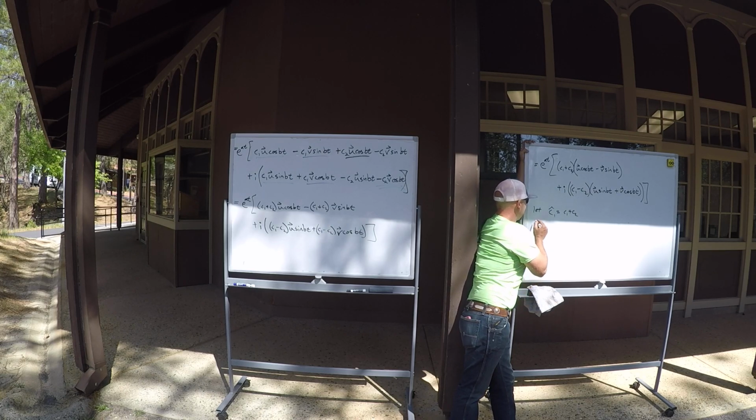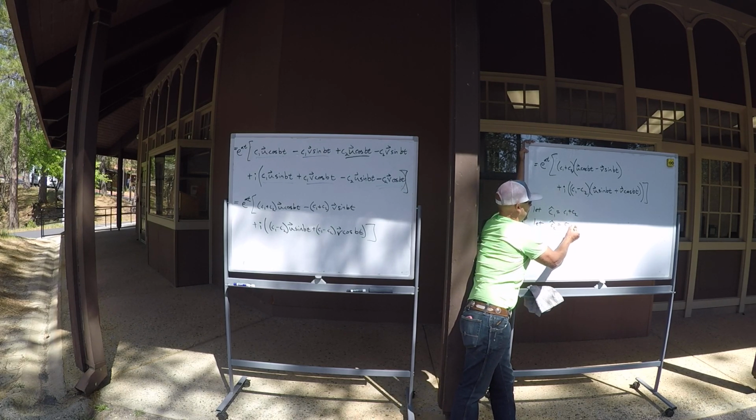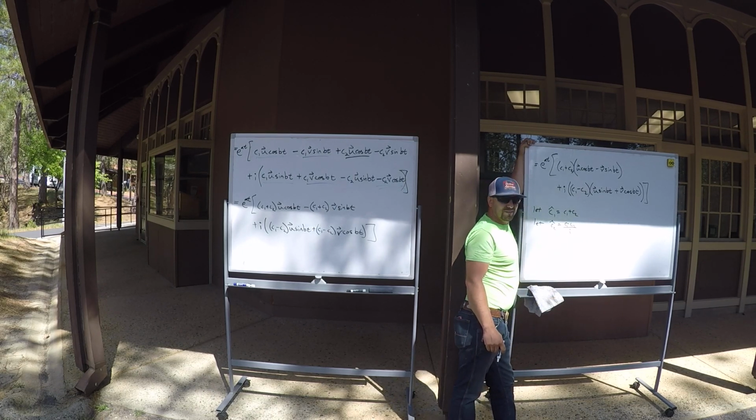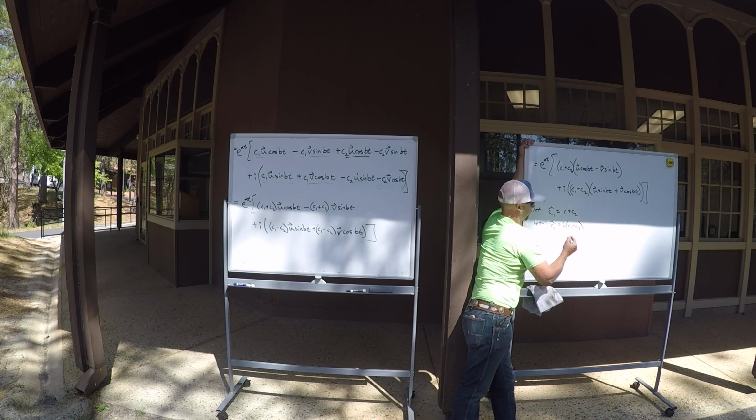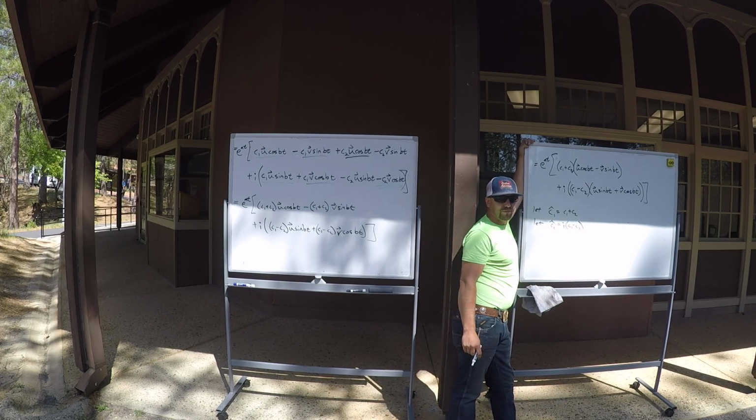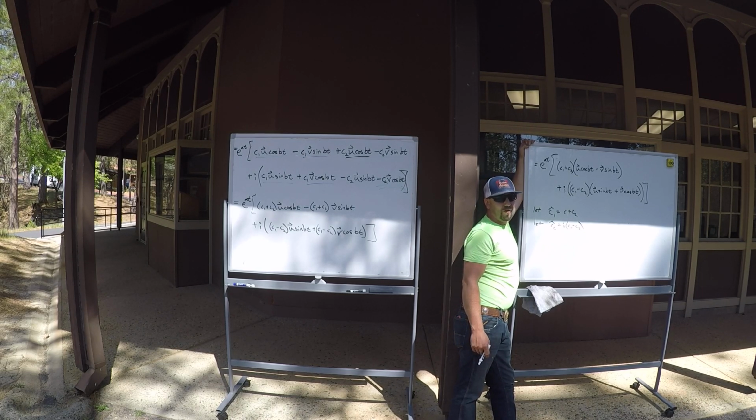Then I'm going to do something even weirder. I'm going to let the new c2 be c1 minus c2 divided by i, and by that I actually mean let it be i times c1 minus c2.